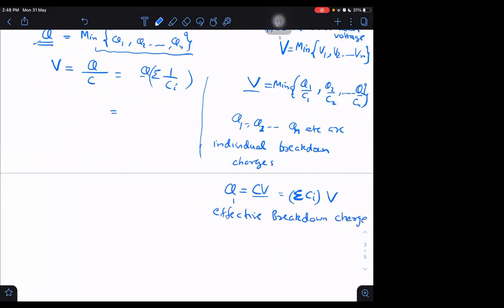Sometimes they say breakdown charge, sometimes they say safe charge, the maximum charge which we can give to it: the effective safe charge or effective breakdown charge for the parallel combination. Okay, this is how we will do such questions.